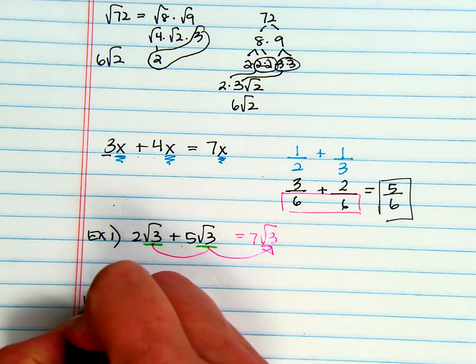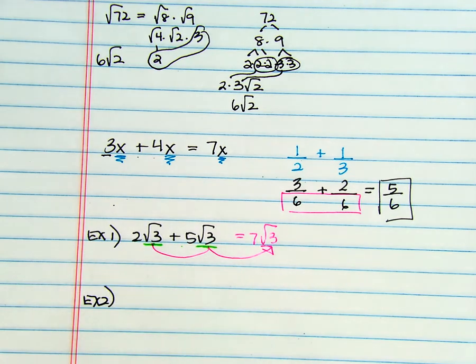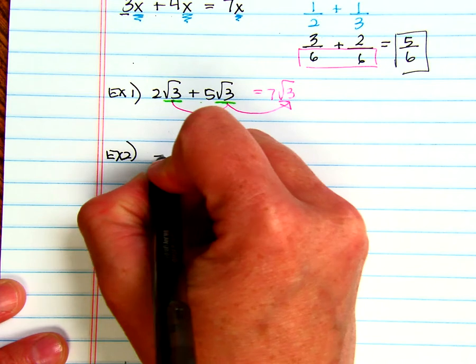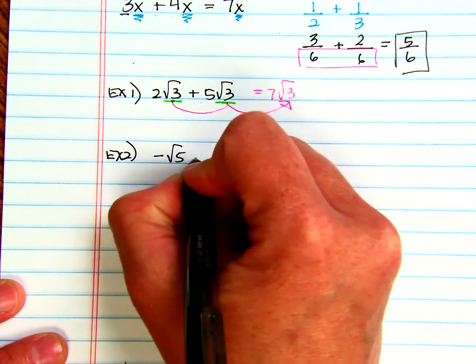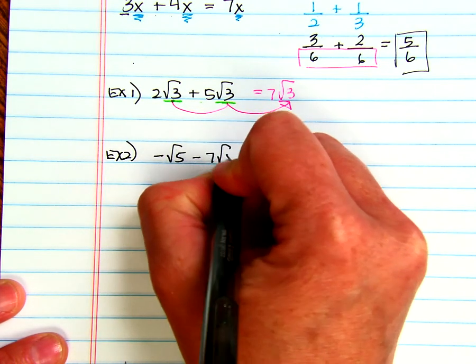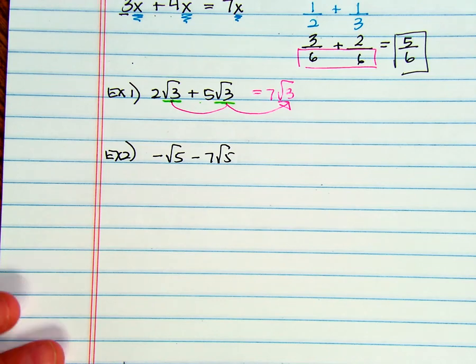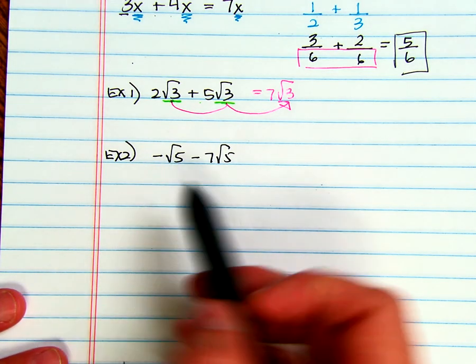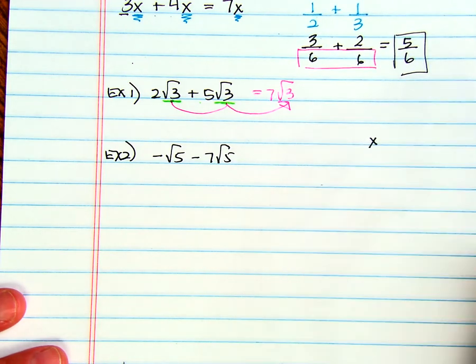Example 2. We have negative the square root of 5 minus 7 the square root of 5. So looking at this scenario, what did we do when we had just simply an x?